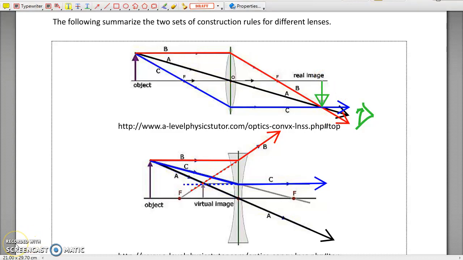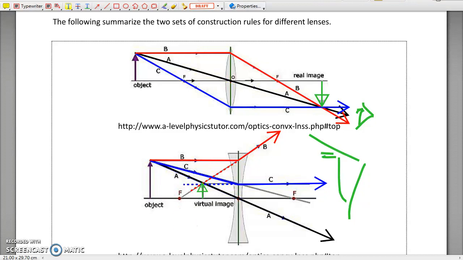Similarly, for a concave lens, the refracted light rays A, B, C all appear to come from this point. So the whole image is formed here, and the image is erect, diminished, and virtual.